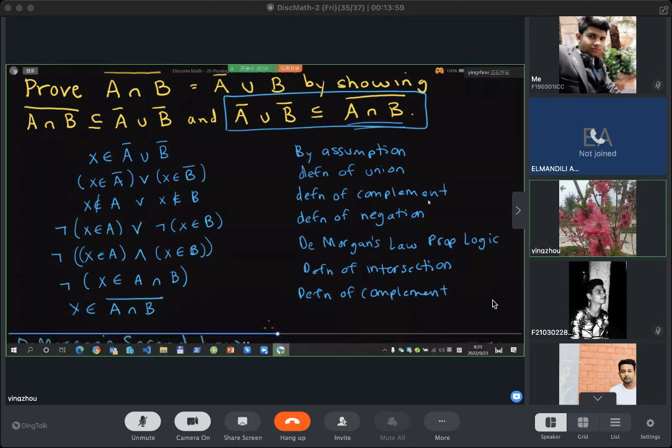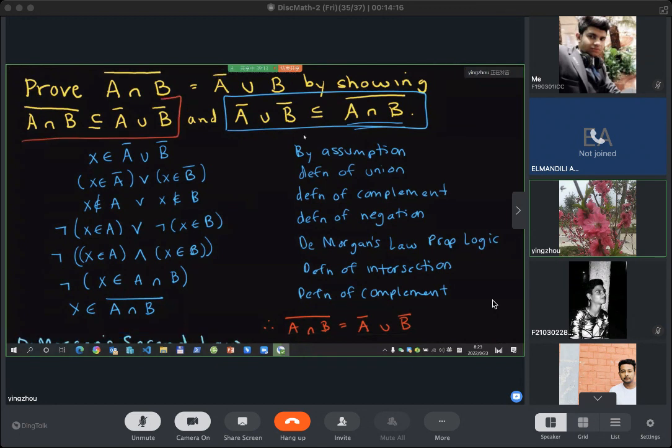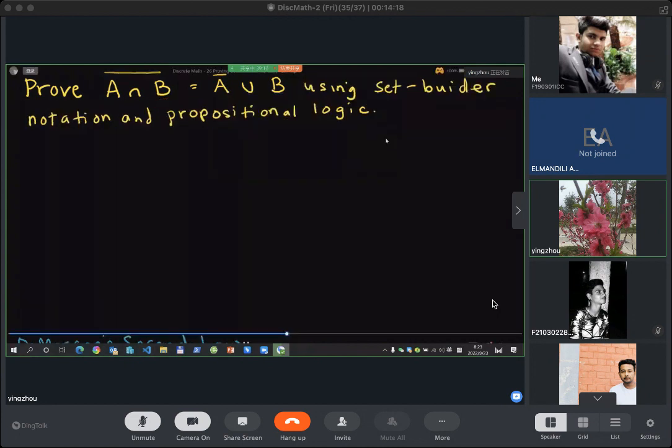So this is the definition of the subset equal. So both the left is a subset of the right, and the right is a subset of the left.